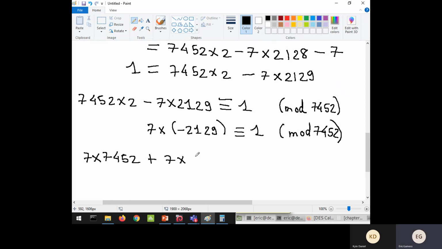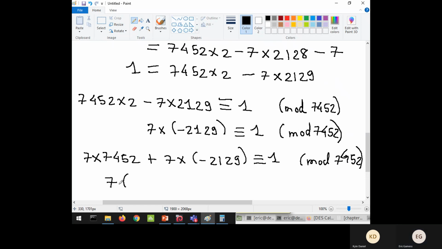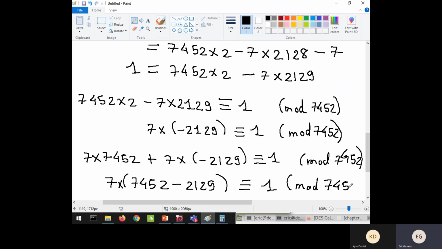Plus 7 times minus 2129 will be congruent to 1 modulus 7452. So if I factorize the 7 times 7452 minus 2129, congruent to 1 modulus 7452.